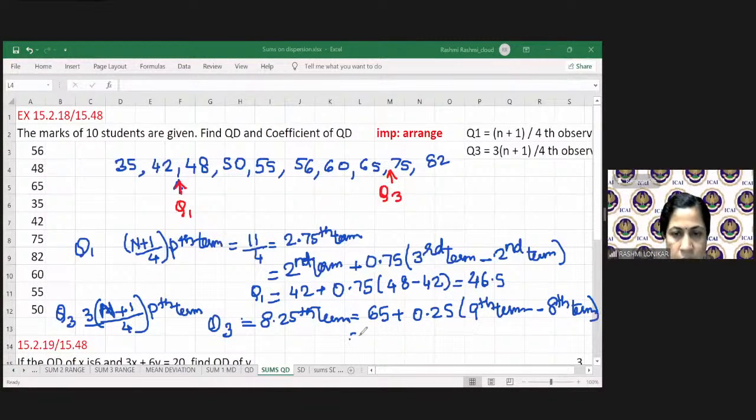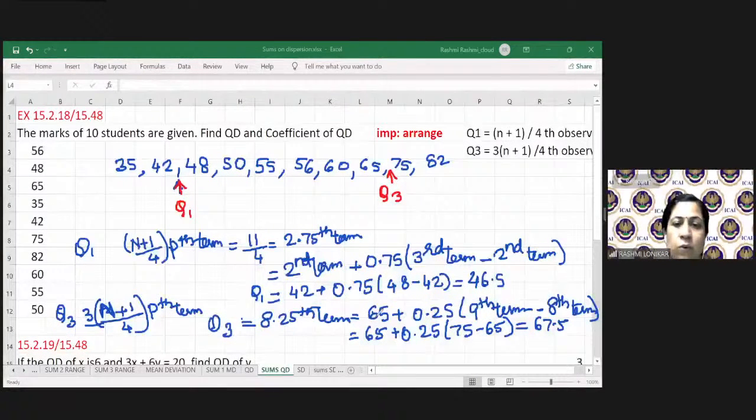So this is equal to 65 plus 0.25, and what is the 9th term I have? 75. 75 minus 65, so this becomes 10. So 65 plus 2.5, that is 67.5.